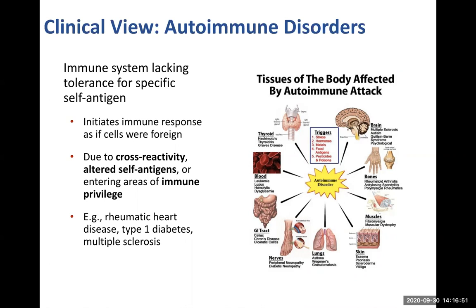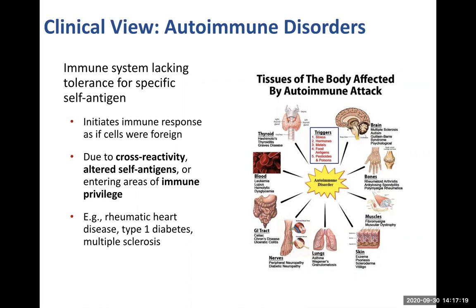Autoimmune disorders, the etiology or the origin for them, is complex and varied, right? These diseases sometimes come about because there are viral antigens that look, if you will, similar to our immune systems to self-antigen.